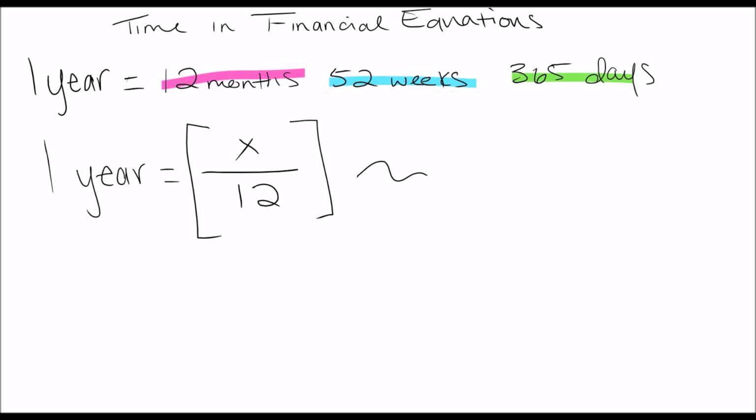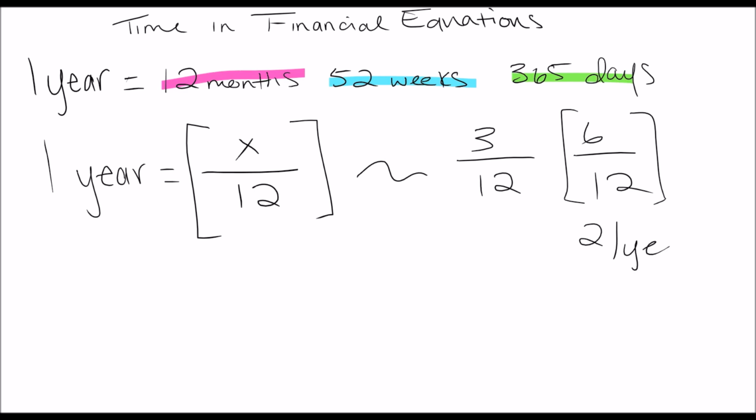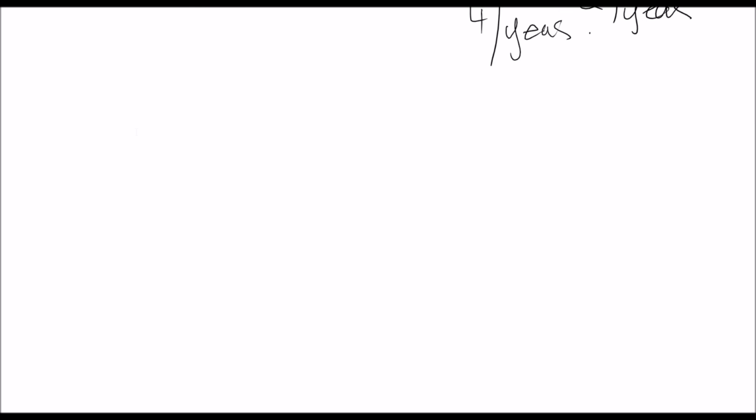So we could say that we want to compute over 3 months, or we want to compute over 6 months, which would also mean twice a year, or 4 times a year. Had to think about that for a second. Right? So that is in months.